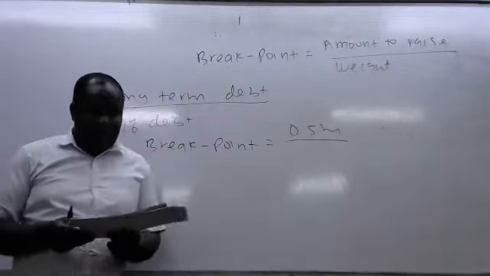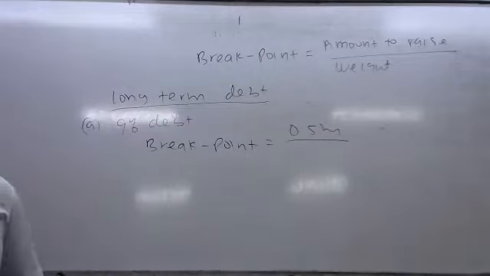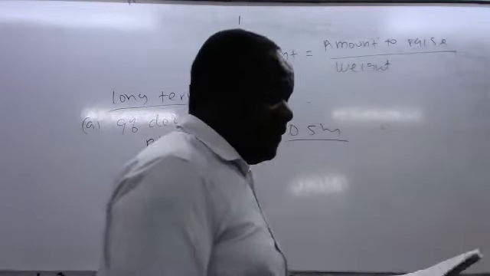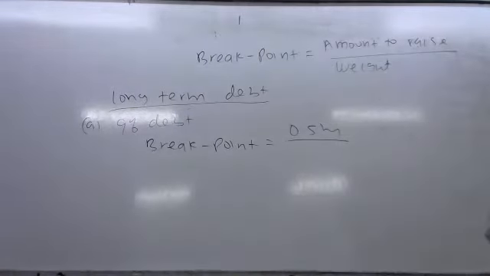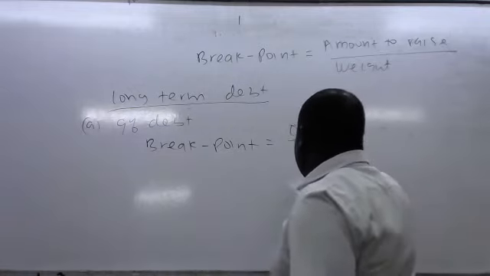Then we divide by the weight for that. You see up there the long-term debt, the weight is what percent? You can see the 45%. So 45% will be the same as 0.45.